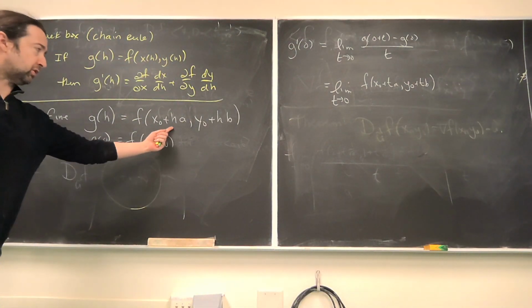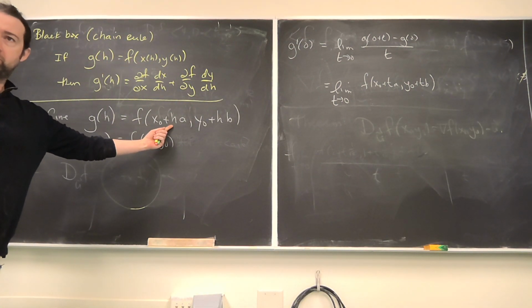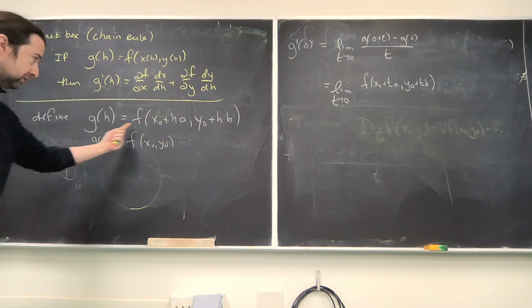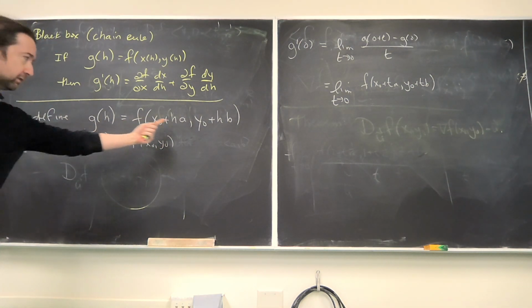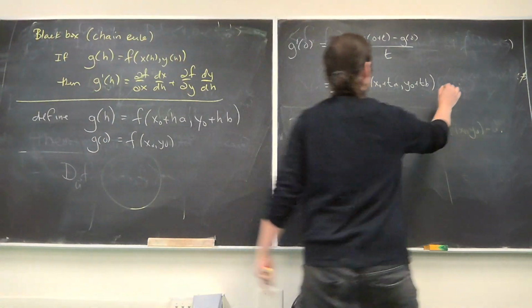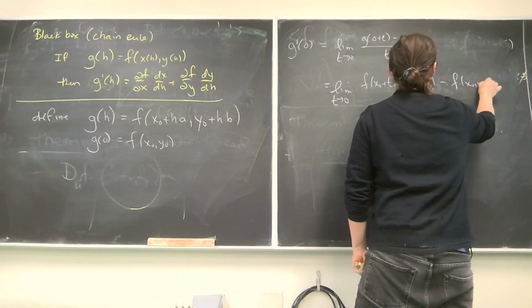All I'm doing is swapping h's for t's. Because g of h is equal to this formula, so g of t is this formula with t's instead of h's. G of 0 is f of x naught y naught.